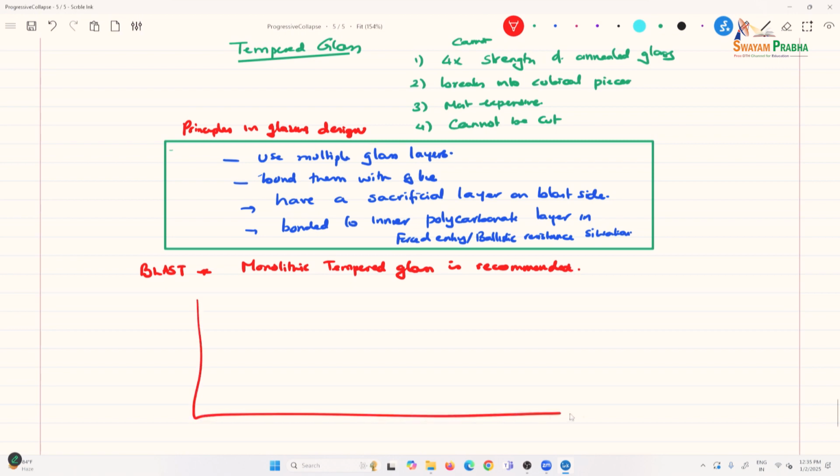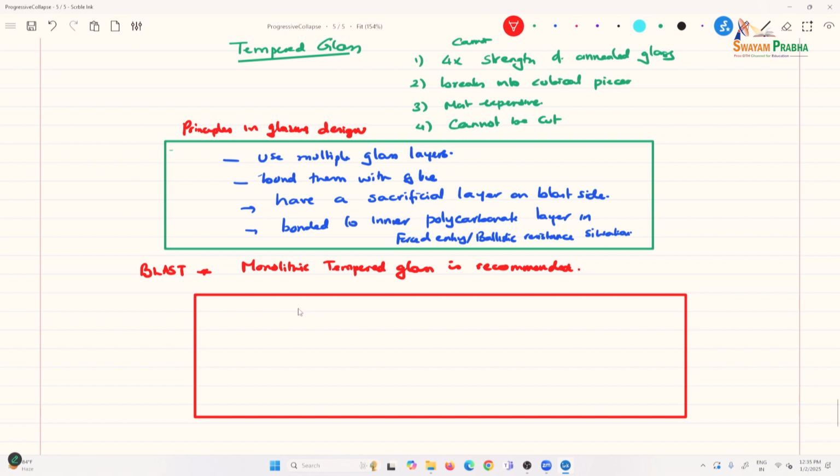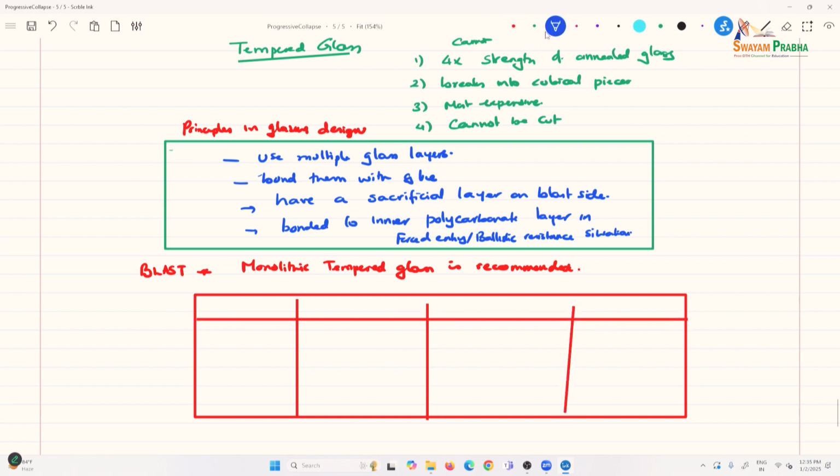So, here is a brief table on the properties of glass: the type of glazing, the max stress in KSI, the elastic modulus, and Poisson's ratio.